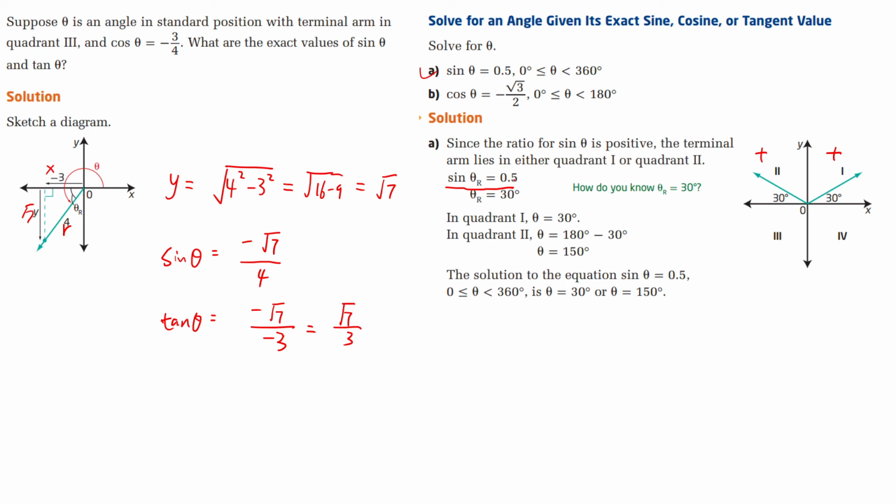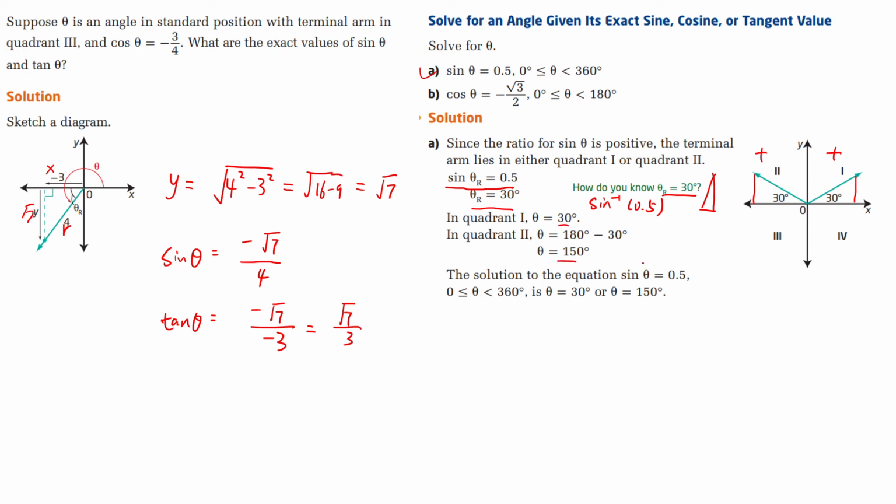Because sine theta is 0.5, theta is equal to 30 degrees. For this one, we can just memorize the special triangle, or we can use sine inverse on our calculator to find theta equal to 30 degrees. And because the reference angle is 30 degrees, the angle is 150 degrees or 30 degrees, right?